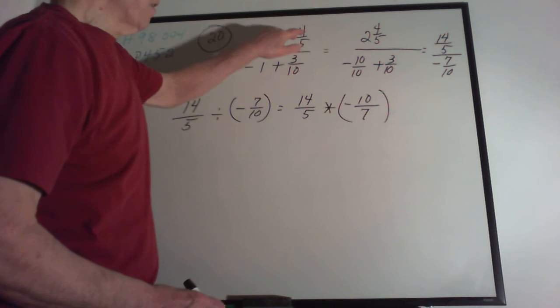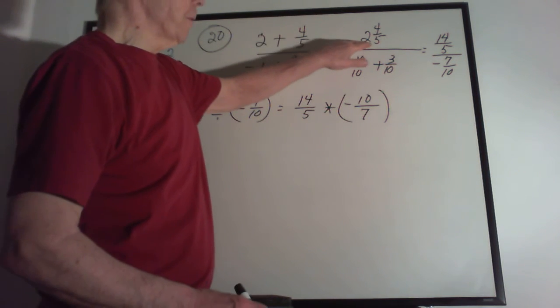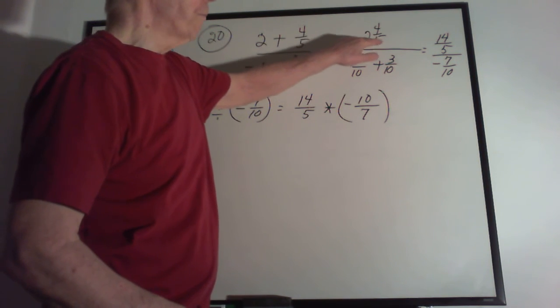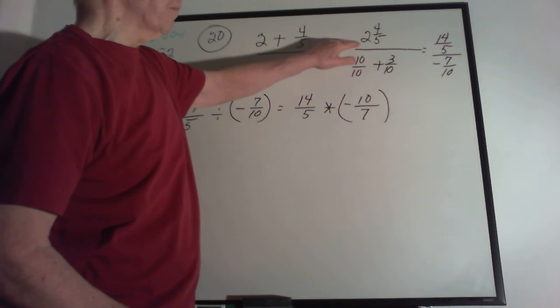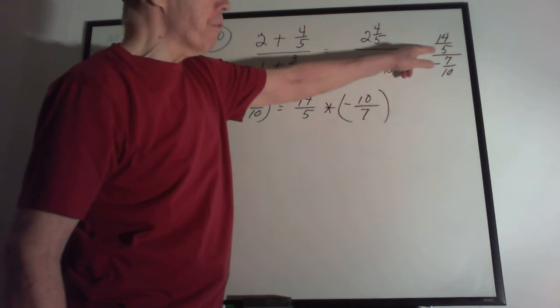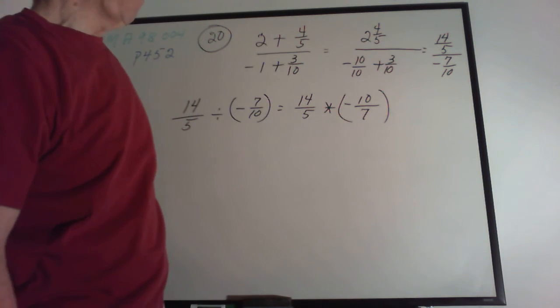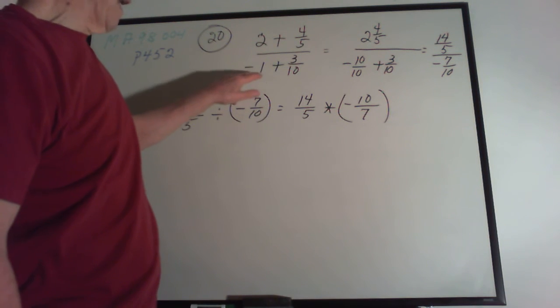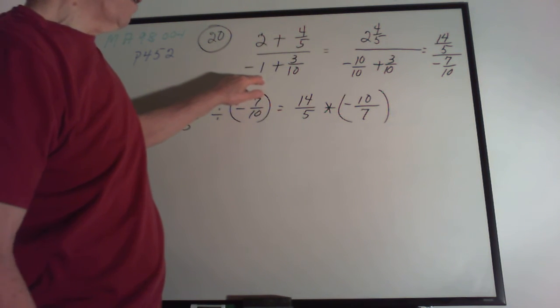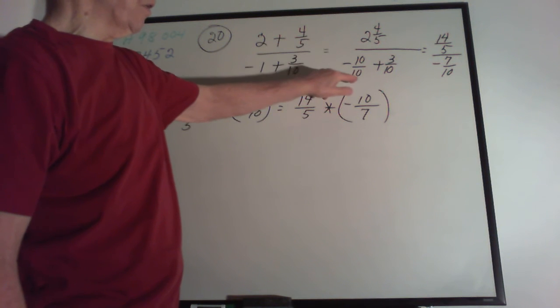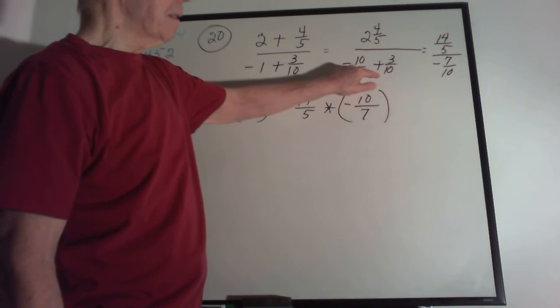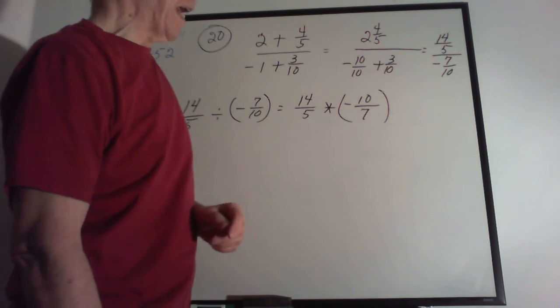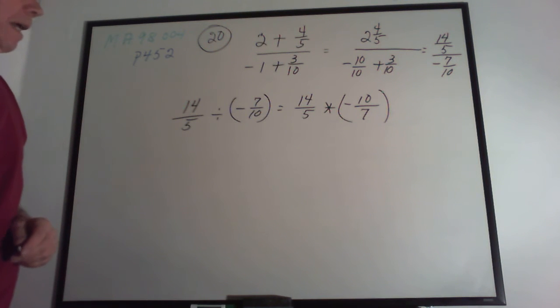All right, I just added the 2 to the 4 over 5, which gives me 2 4/5, and it's a mixed number, so I make it into an improper fraction, which becomes 14 over 5. Negative 1, I did it differently. I said I'll make it -10 over 10 combined with plus 3 over 10 gives me -7 over 10.